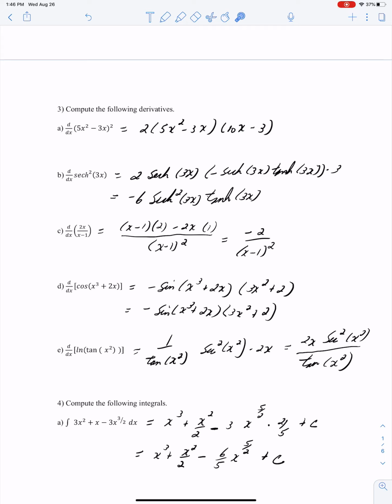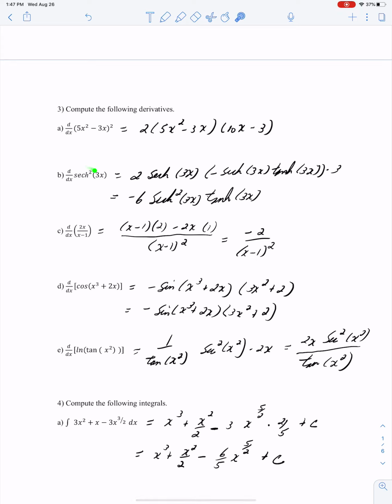And that's how I get my answer, 2 times 5x squared minus 3x times the quantity 10x minus 3. So when I differentiate garbage squared, I get twice garbage, and then the chain rule says times the derivative of garbage.